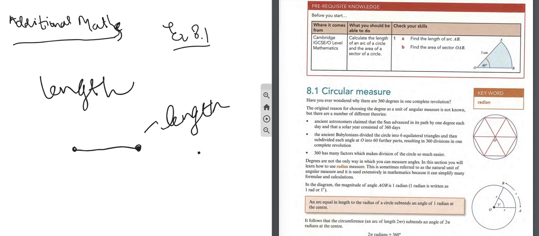Length or distance can be anything. Now if you have a line which is curved, then we call that an arc. Arc is basically a line which is curved.